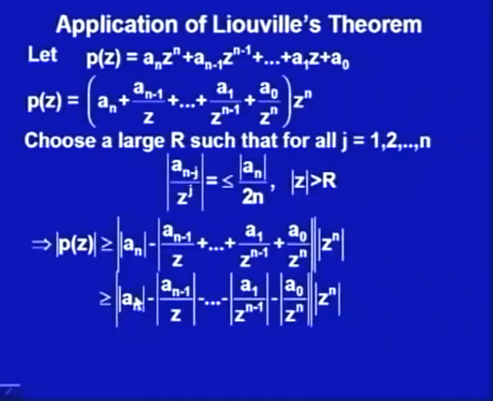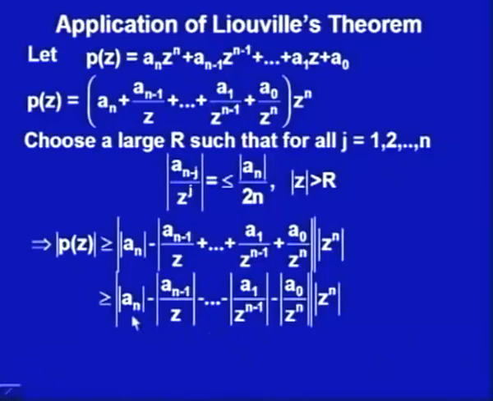So, I would get |P(z)| is greater than or equal to |a_n| |z|^n minus the sum of |a_{n-1}/z|, and so on, |a_1/z^{n-1}|, and |a_0/z^n|, with this z^n as such and this complete absolute value outside.